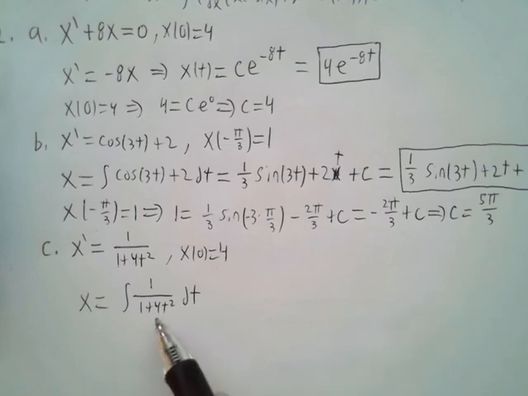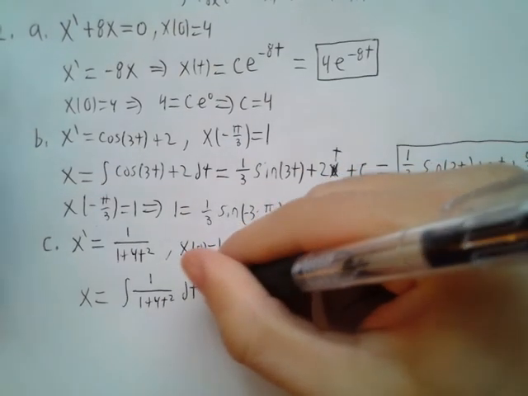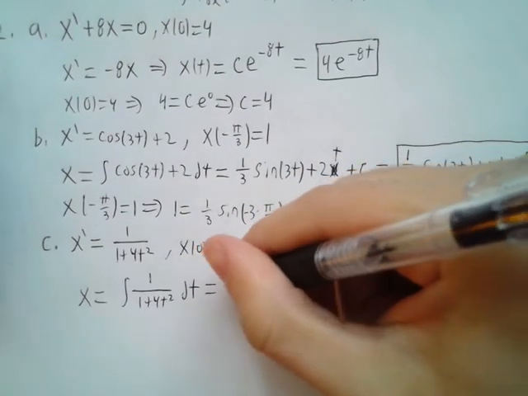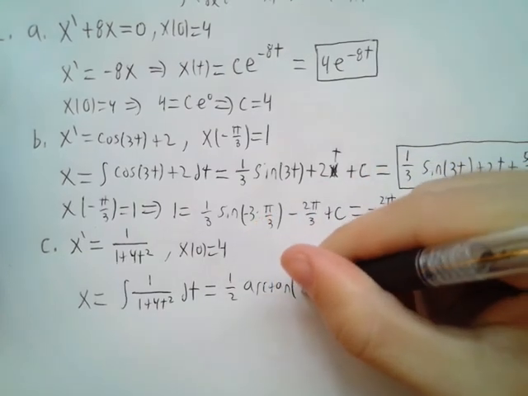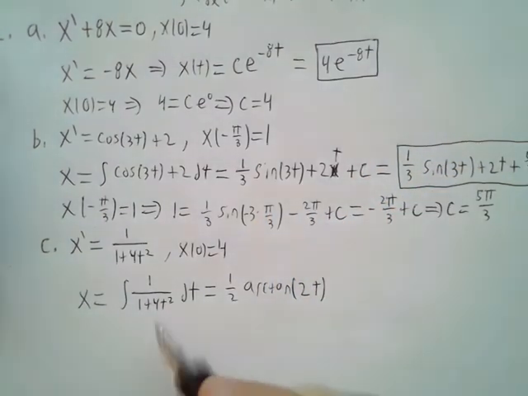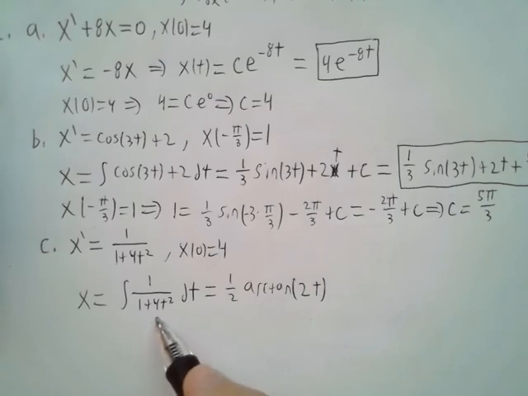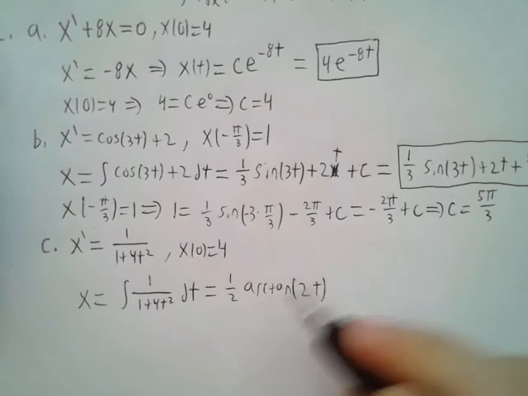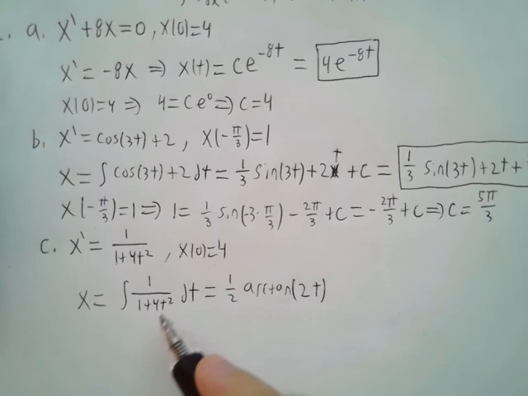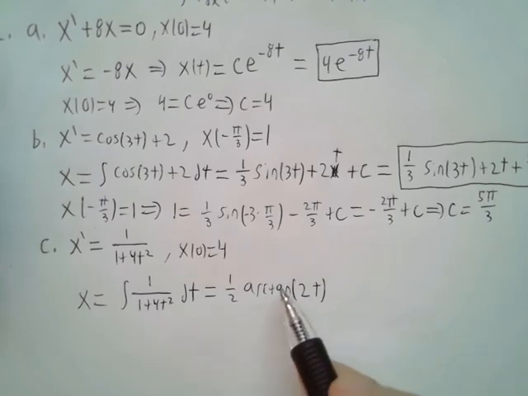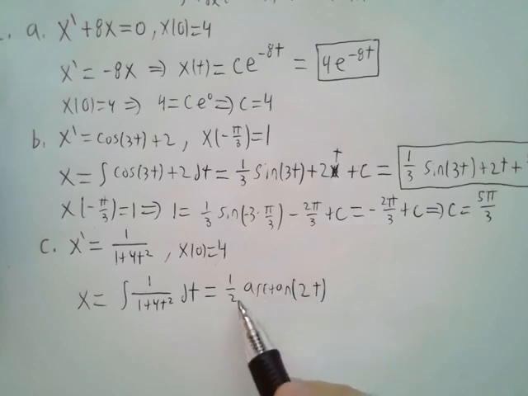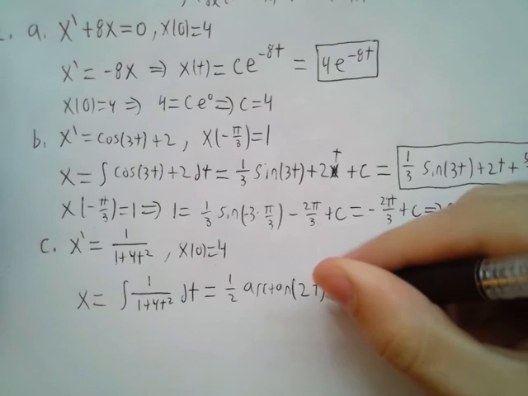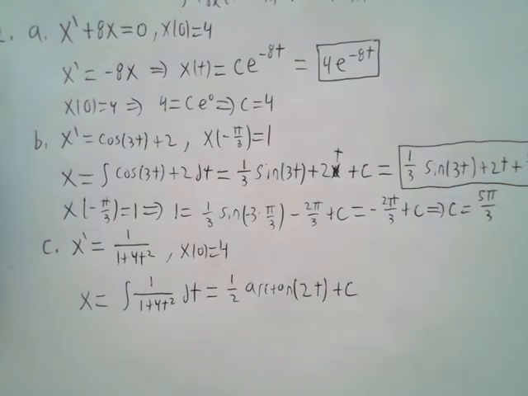So if we put this 4 here, then we end up getting 1/2 arctan of 2t, because 2t all squared is what gives us the 4t squared here. And when we take the derivative of arctan by the chain rule, this 2 will come out, so that's why I put the 1/2 out front. And then we have a plus c as usual.